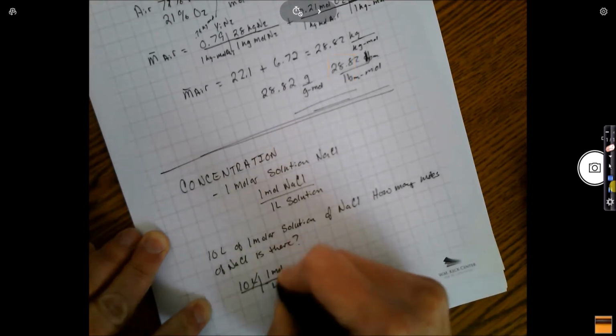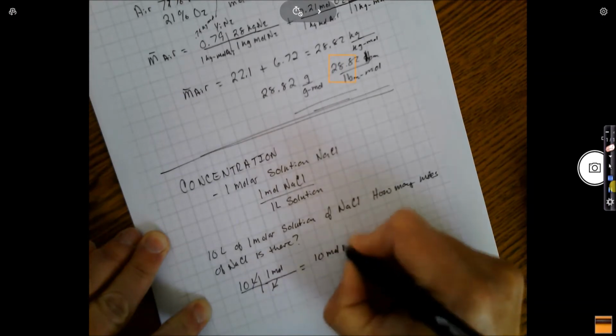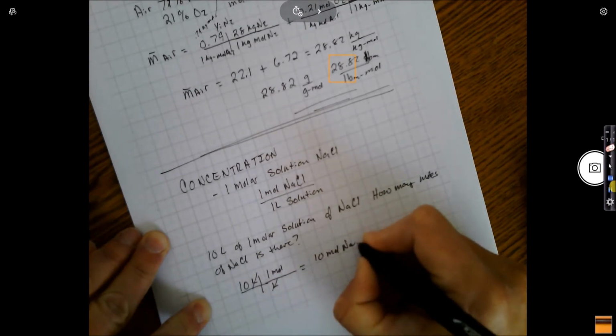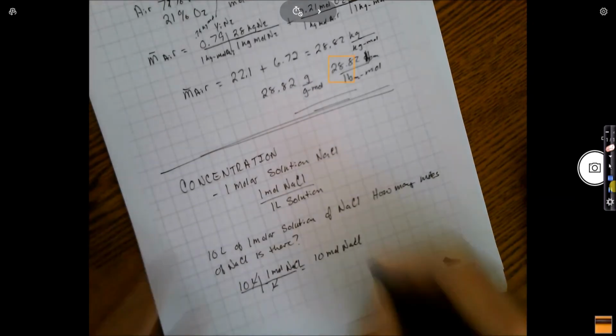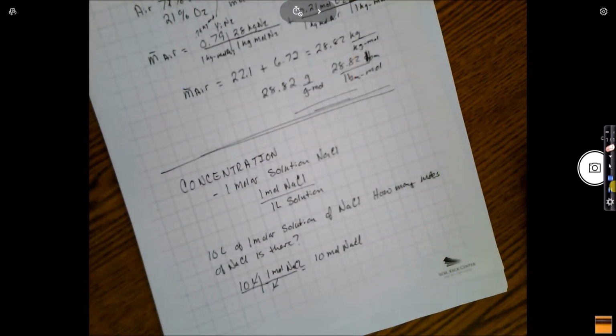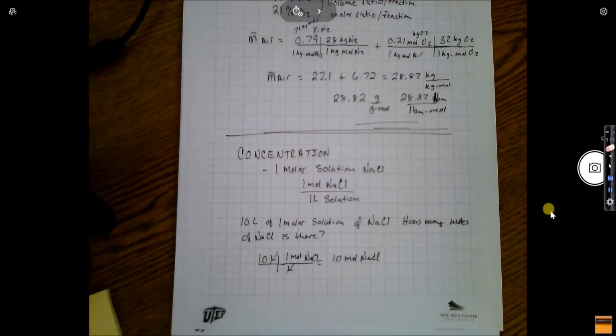So that simply means there are 10 moles. I probably should have put 1 mole of NaCl here for bookkeeping purposes. Sorry about that. Here we were just using molarity as a conversion factor.